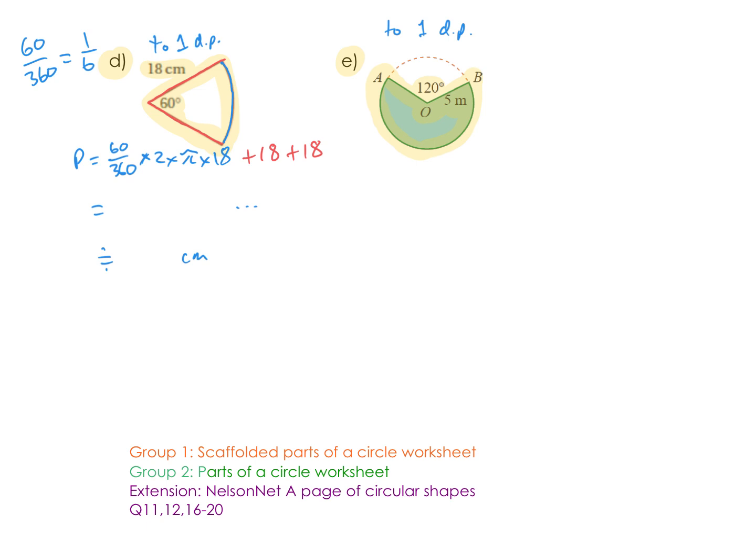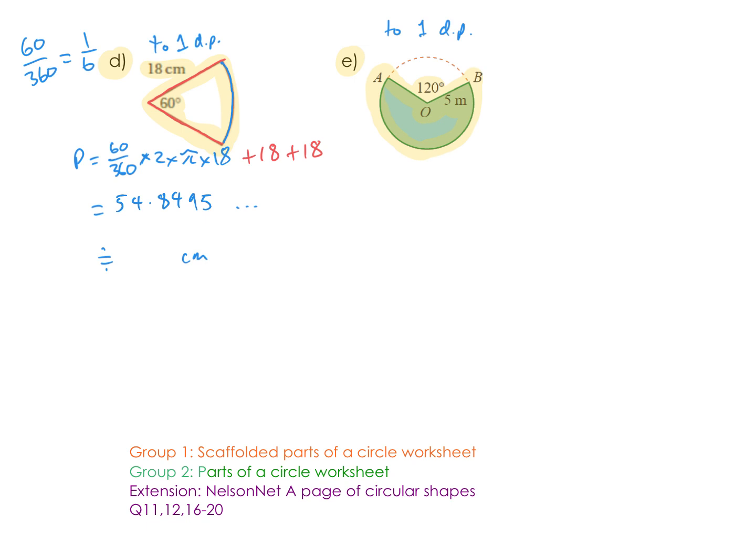60 over 360 times 2 times pi times 18 plus 18 plus 18. Beep, beep, beep on my calculator, and I get 54.849555592.